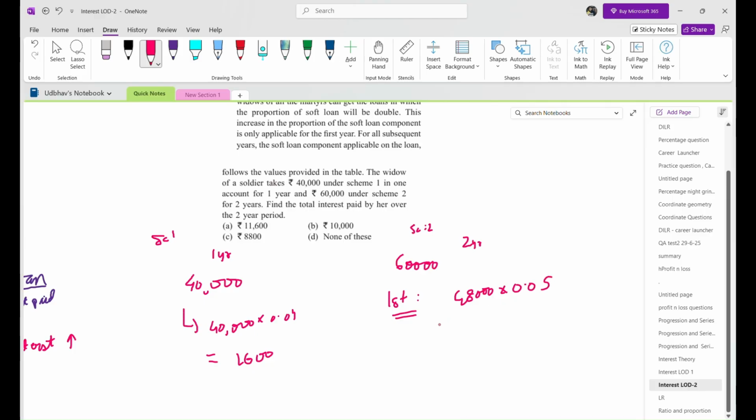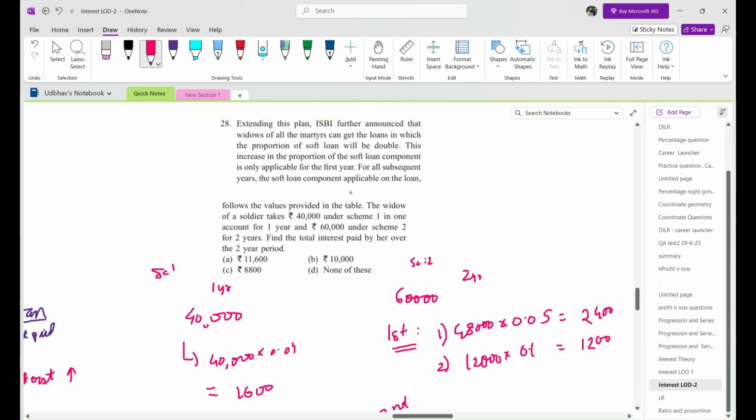This is her soft loan part. And what was the left amount? The left amount is 60,000 minus 48,000, 12,000. So on 12,000, she'll pay the complete 10%. So this is 2,400.